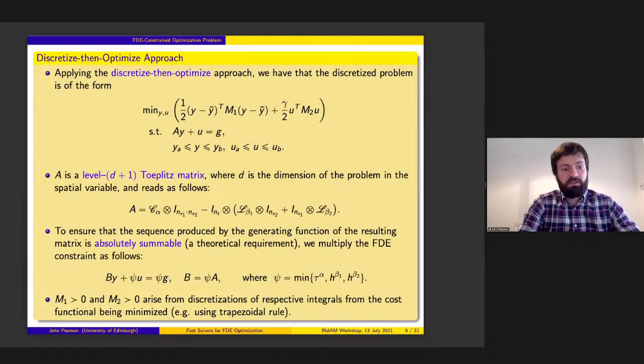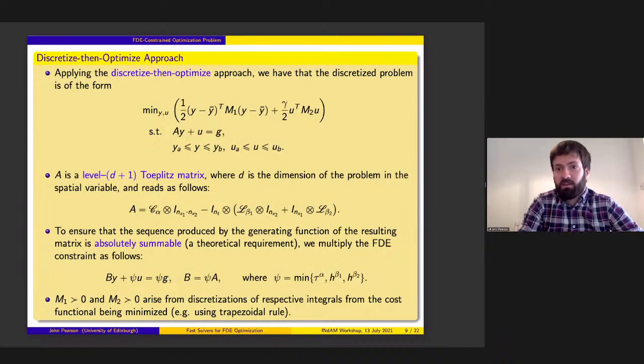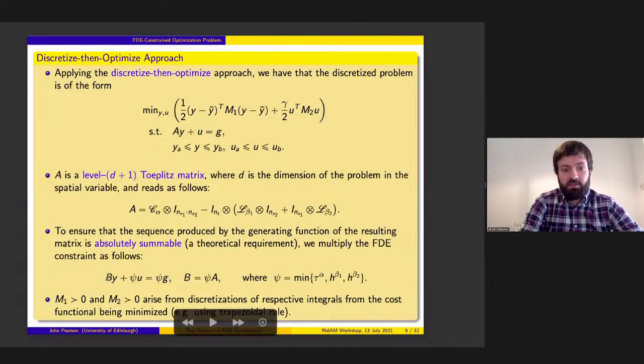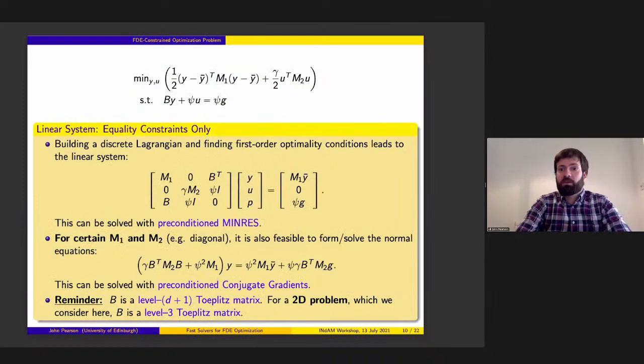Okay, so a technical thing that we do before we start is that we multiply this constraint by a constant to ensure that the sequence produced by the generating function of the resulting matrix is absolutely summable. So a theoretical requirement, so we just multiply the PDE constraint to obtain this completely equivalent constraint. Okay, so what we get when we come up with the optimality conditions for this problem in terms of y, u and the Lagrange multiplier p, we get this system here.